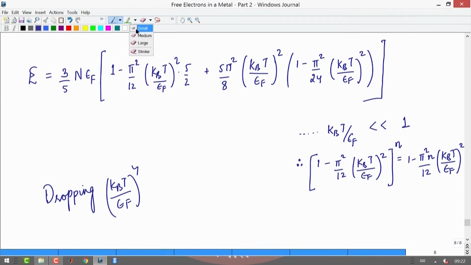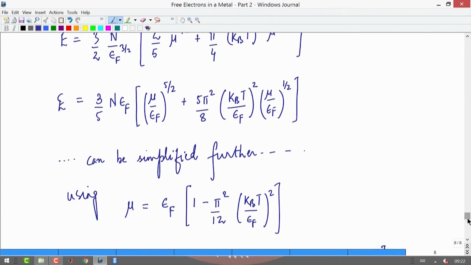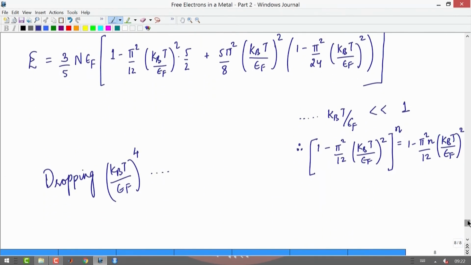Okay, I am going to drop this term in comparison to the quadratic term, my expression reduces further and I get the expression for the energy as 3 by 5 n times EF into just the two terms which are quadratic in temperature, and you can see it is basically 5 by 8 minus 5 by 24 which I have to do.